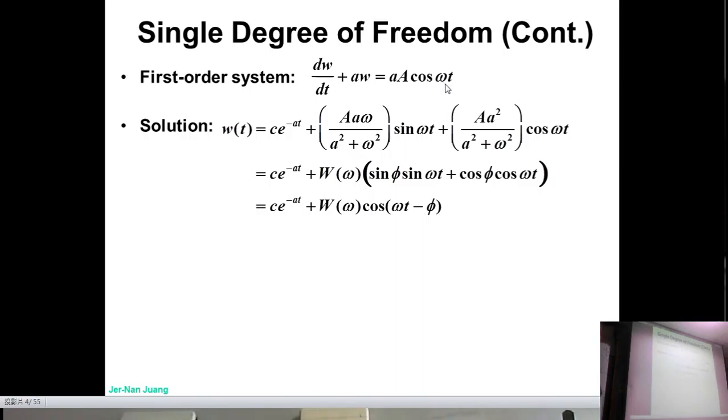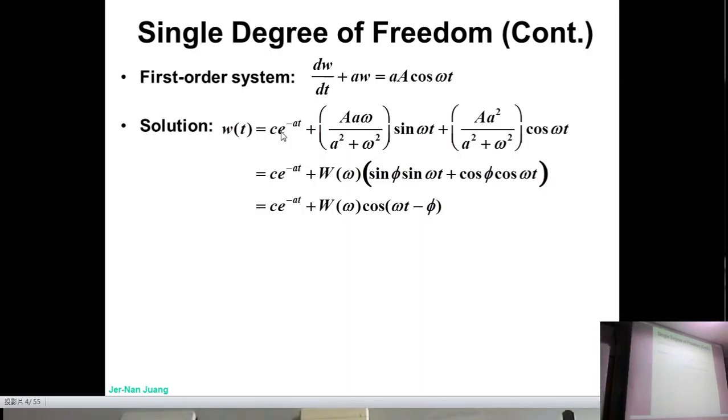Okay, now the first term is C e to the minus at. C cannot be determined unless we know the initial conditions. If we don't know the initial condition, then C is unknown. Agree? Any problem? No? Right?